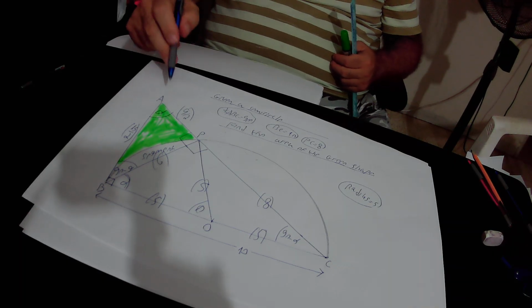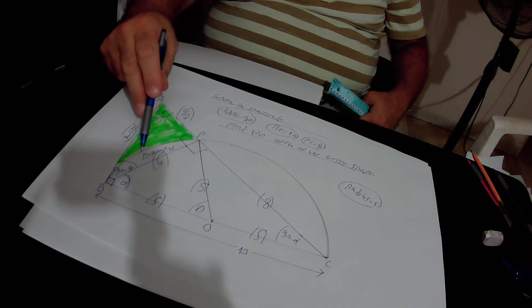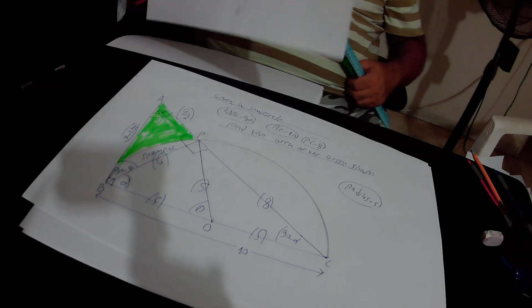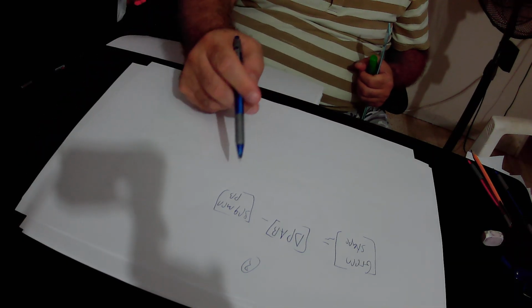Again, the area of this green shape must be equal to the area of the right triangle PAB minus the area of segment BP.